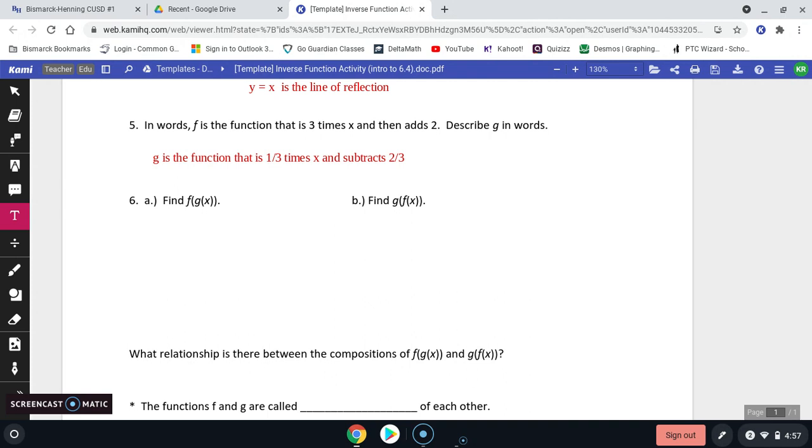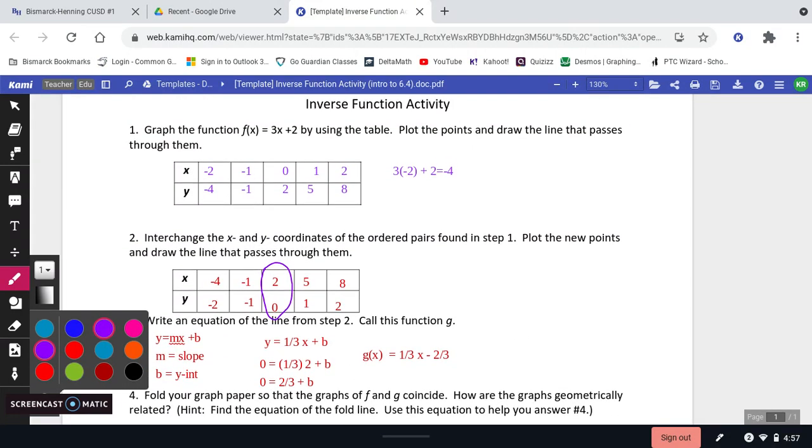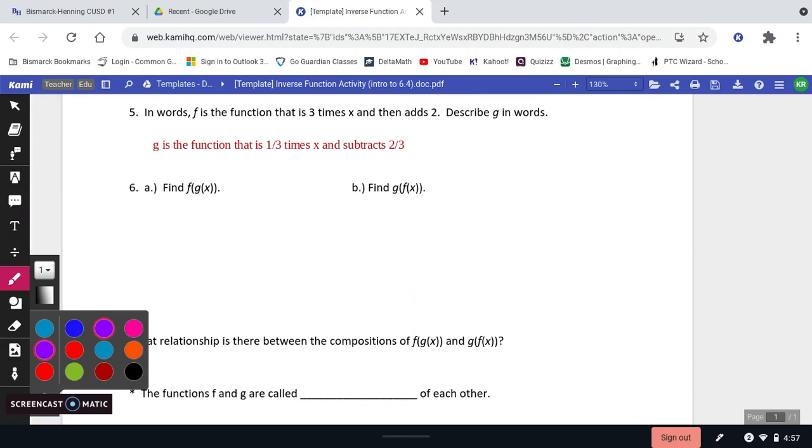Okay, so when you write that, your function f, so f was 3x plus 2, and then function g is our 1/3 x minus 2/3.